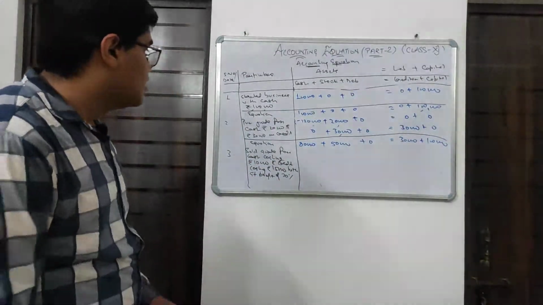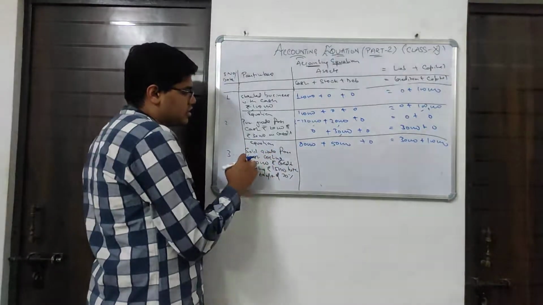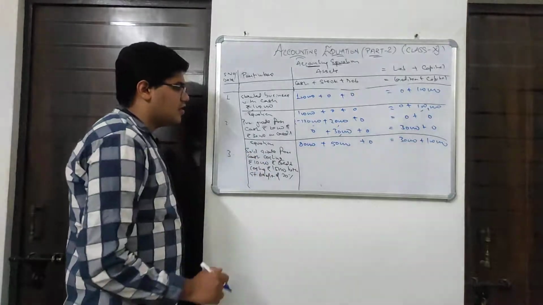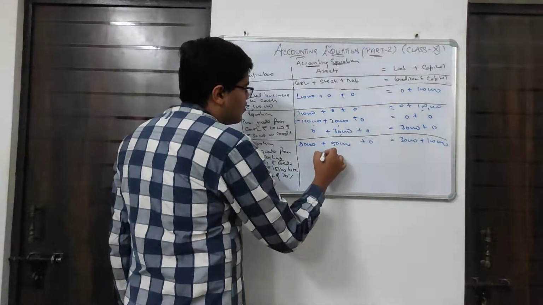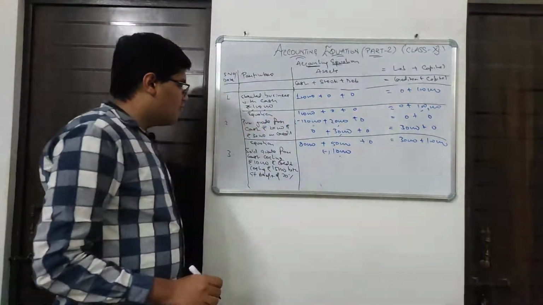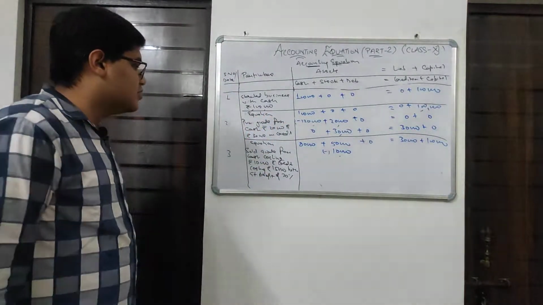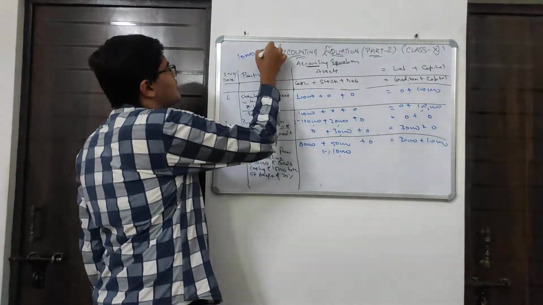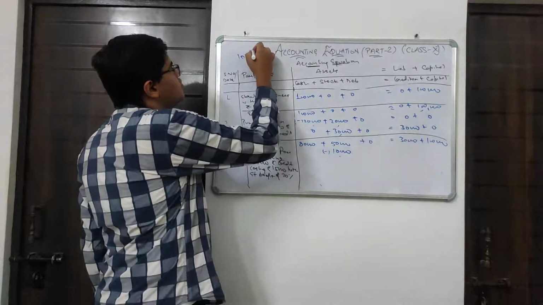Let us see that. Since we are selling the goods for cash, first rupees 10,000, stock will be deducted from here. Now what is 20% of 10,000? It will be 2,000.